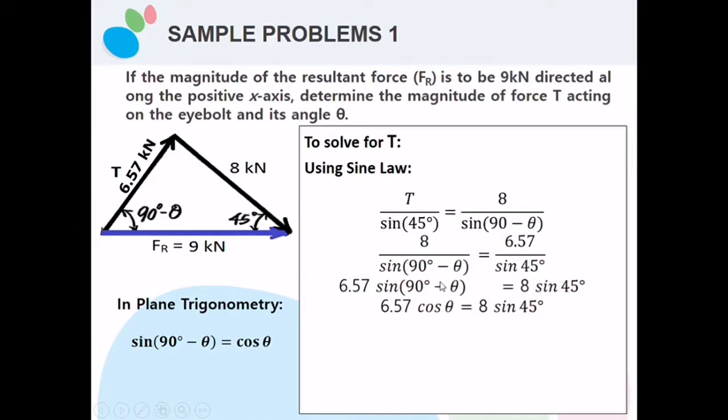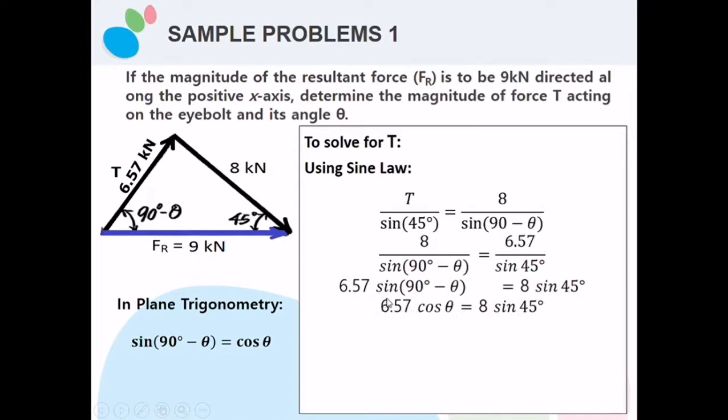Okay, so in plane trigonometry, we know that sine 90 minus theta is equal to cosine theta. So this is one of the trigonometric identities in plane trigonometry. So just recall or review the basic identities in trigonometry. Therefore here 6.57 sine of 90 minus theta equals 8 sine 45.